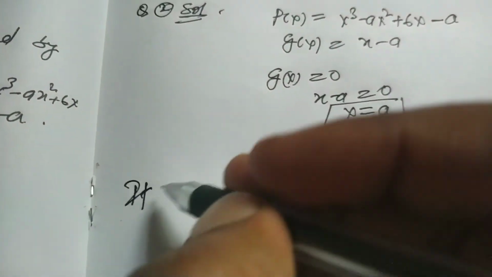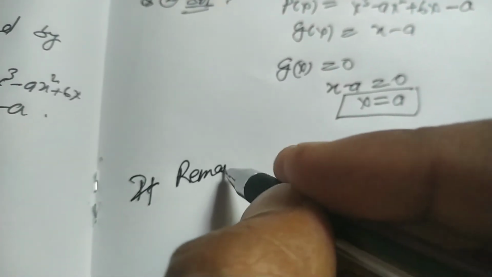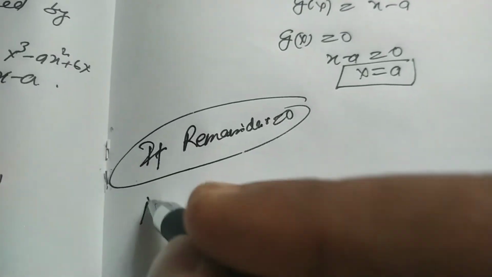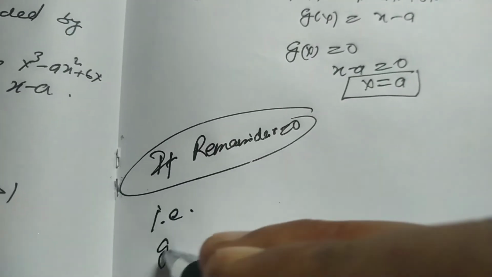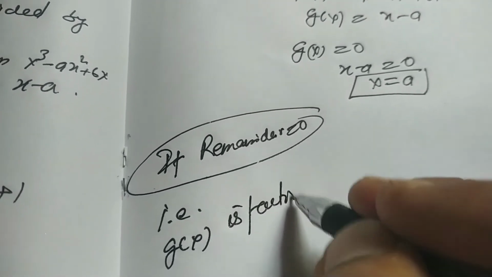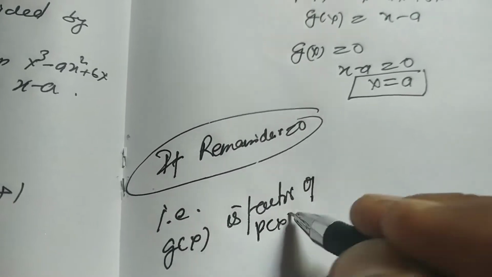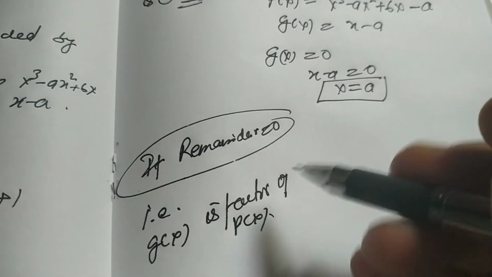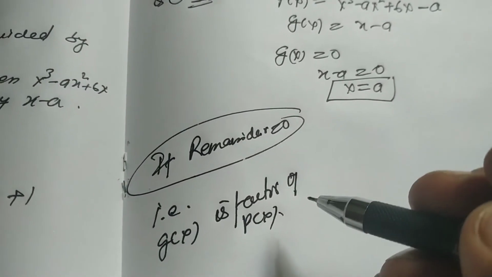Listen, if the remainder is equal to 0, that means g(x) is a factor of p(x). That means that g(x) is multiplied with the quotient and the remainder is 0.